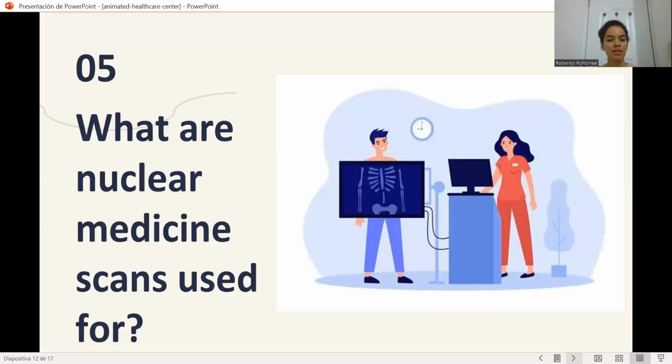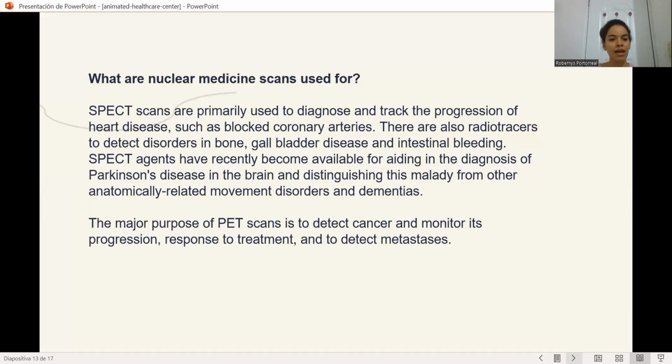What are the nuclear medicine scans used for? SPECT scans are primarily used to diagnose and track the progression of heart disease, such as blocked coronary arteries. There are also radiotracers to detect disorders in bone, gallbladder disease, and intestinal bleeding.